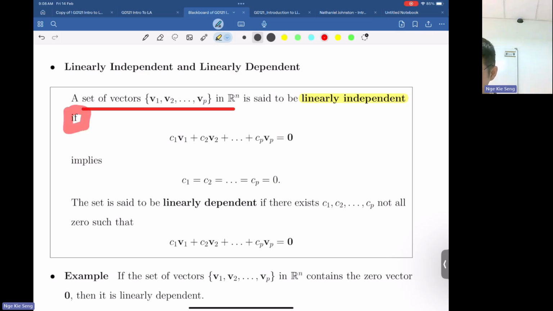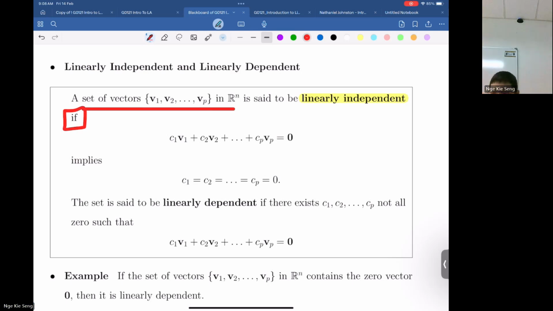If what? If you have this linear combination equal to 0, which is equivalent to solving the homogeneous linear equation, this homogeneous system will imply that c_1 to c_p has only the trivial solution, only 0.